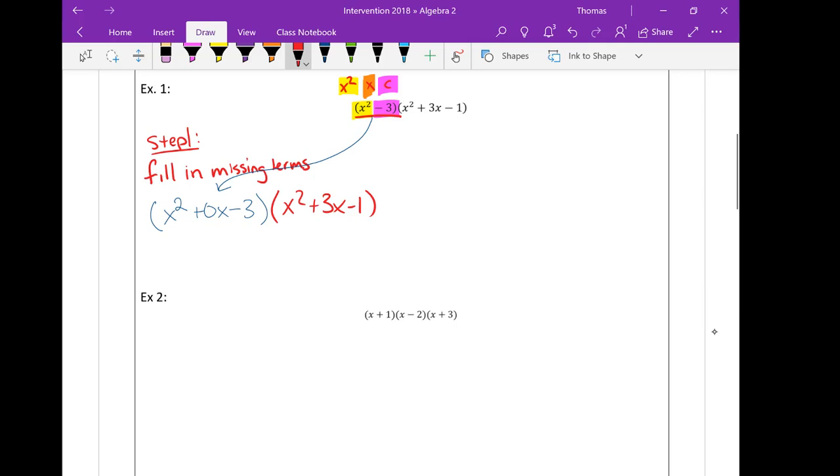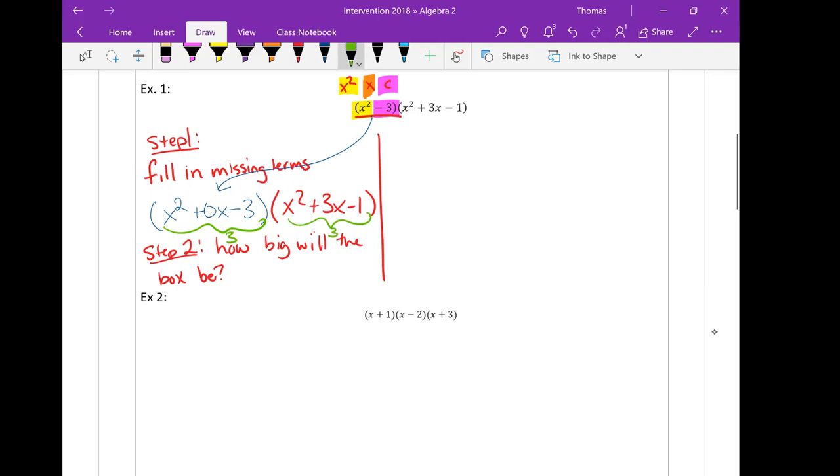Next we need to figure out how big our box is going to be. Step 2: how big will the box be? Looking at our terms here, the first term has 3 parts, and the second term has 3 parts.